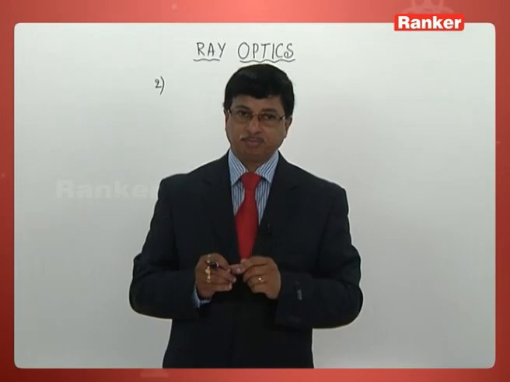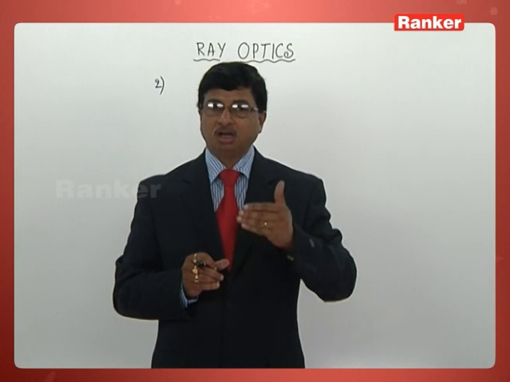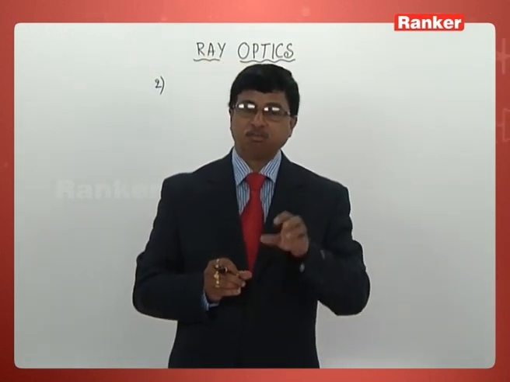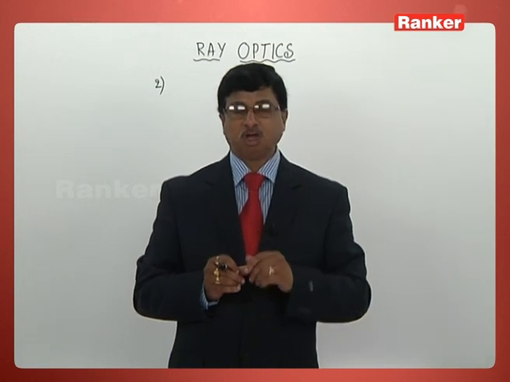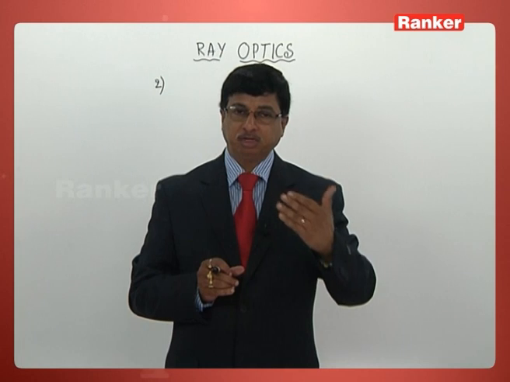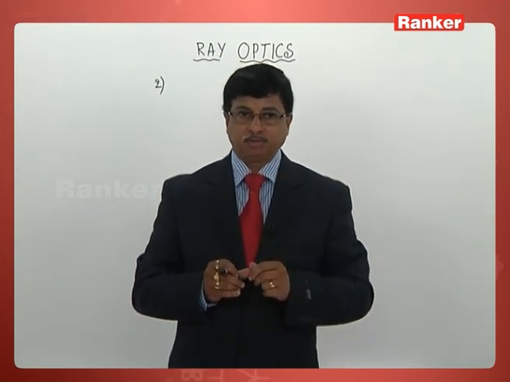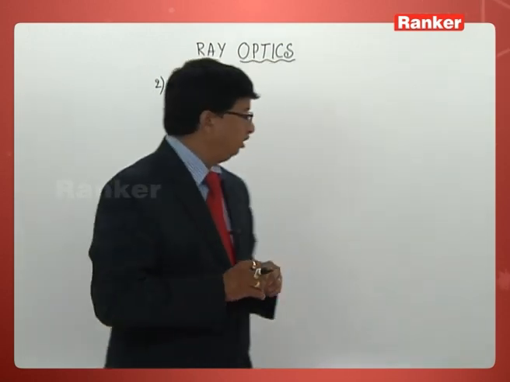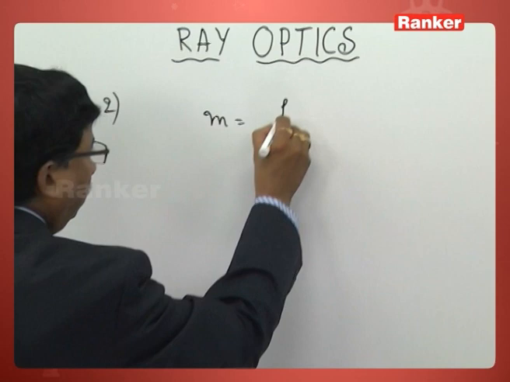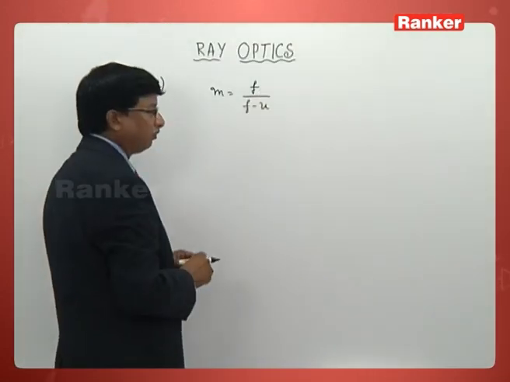That is the case. Now recollect once again from the concave mirror, what is the general formula for its magnifying power or magnification produced when the image is formed there? Magnification is equal to f by f minus u, I can write.